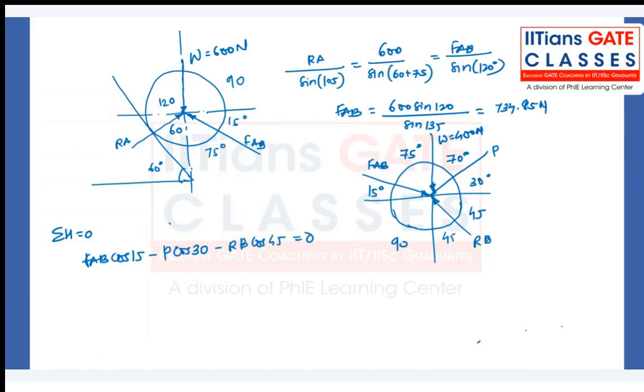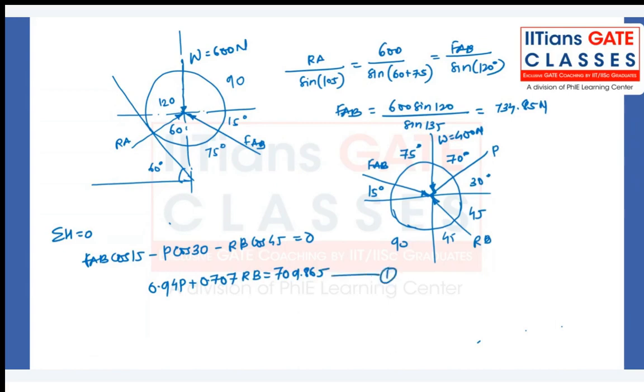From this you will get a relationship between P and RB. 0.94 P plus 0.707 RB is equal to FBA. We just calculated 734 multiplied by cos of 15, it is 709.865. Let's call this equation number 1.